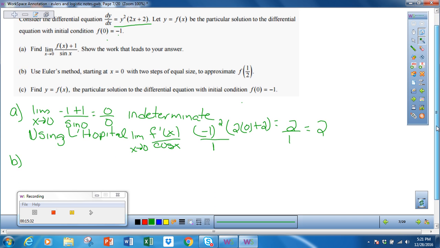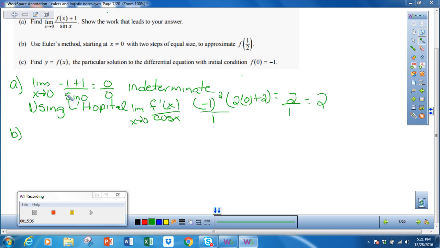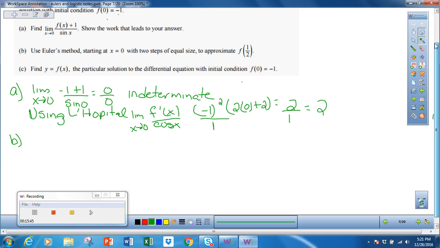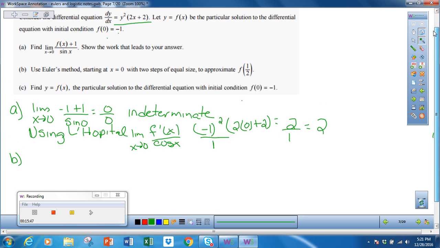Okay? Now, using Euler's method, we're going to do the second part. Now, this was a calculator inactive question, but it got a little hairy without using the calculator. So remember, you don't have to get a final answer. You have to set it up with the fraction. Okay.